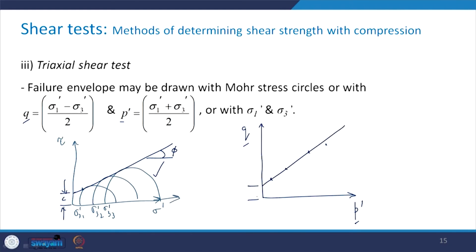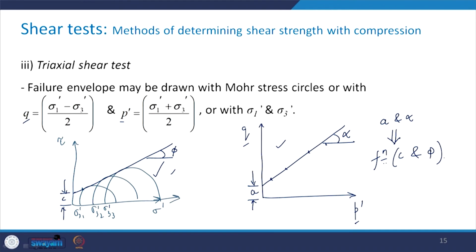Now, say that this intercept is A and this angle is alpha. So, if you compare these two, both are the same data representation. It is just that the space in which we are representing that data is different. Therefore, this A and alpha can be determined as a function of C and phi.